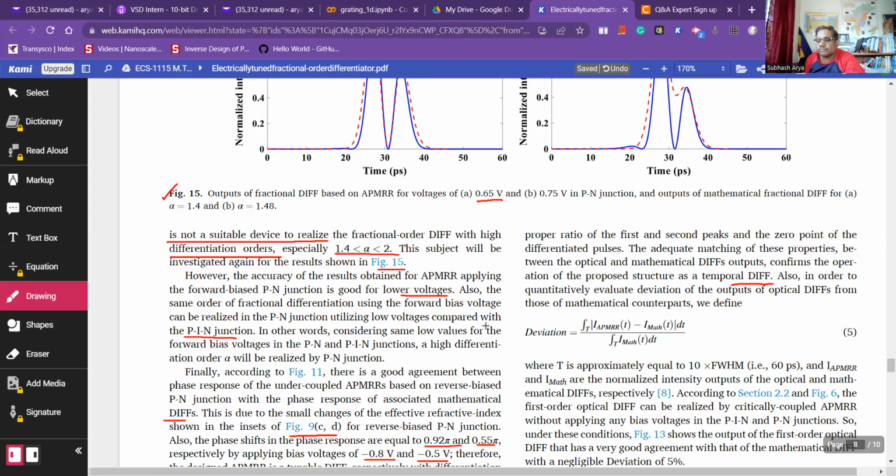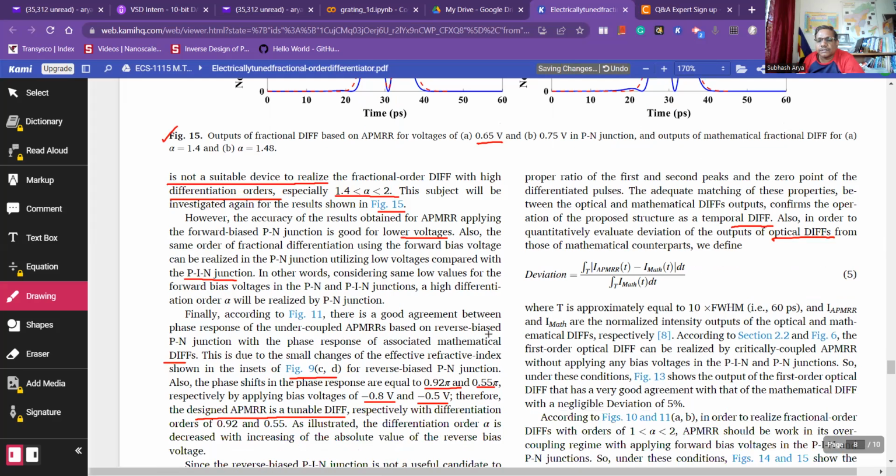Also, in order to quantitatively evaluate the deviation of the output of the optical differentiator from those of mathematical counterparts, we define the deviation as equal to the integration of the modulus of I all pass micro-ring resonator(t) minus I math(t) dt, divided by the integration of I math.